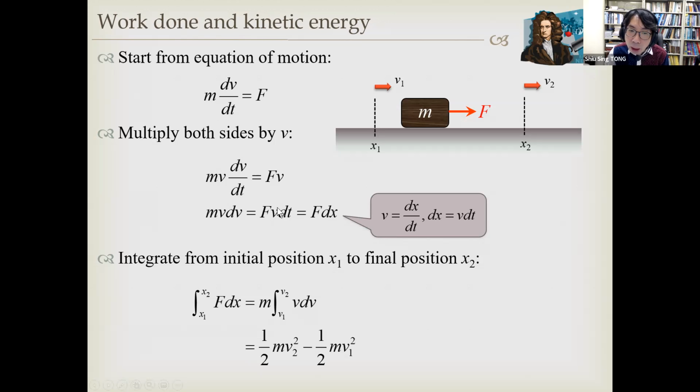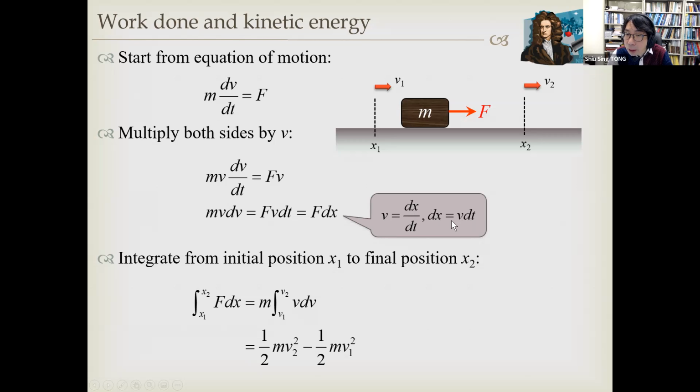Now, but what is v dt? Let's see what is v dt. We know that the velocity is given by the time derivative of the position, right? The velocity is dx/dt. Is that right? So if we move the differential dt to the side of the velocity, we get dx as v dt.